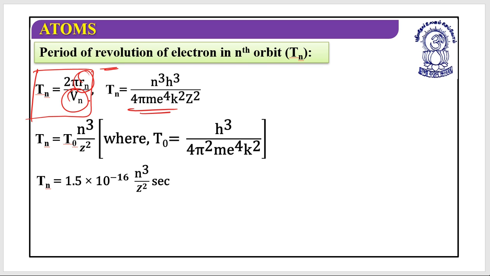If I keep the n cube and z square aside, all the other terms are constants. So Tn is equal to T naught into n cube divided by z square, where T naught is 1.51 into 10 to the power minus 16, multiplied by n cube by z square. I hope this is clear. Are you sure? Great.